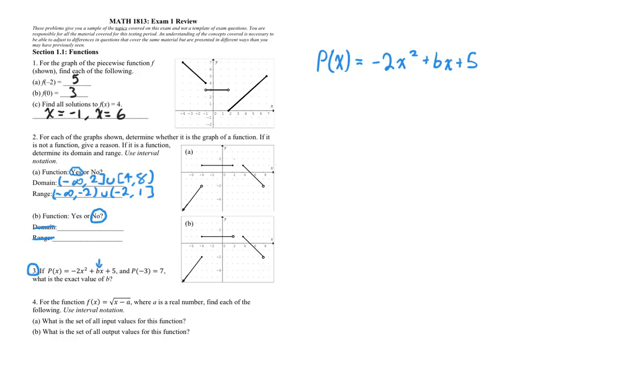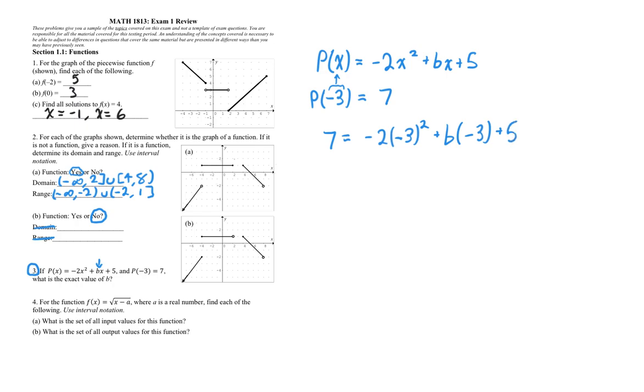And we know that p of negative 3 equals 7. So when we put negative 3 in for x, we should get 7 as our output. So we're going to say 7 equals negative 2 times negative 3 squared, and that squared includes the negative sign, plus b times negative 3 plus 5.